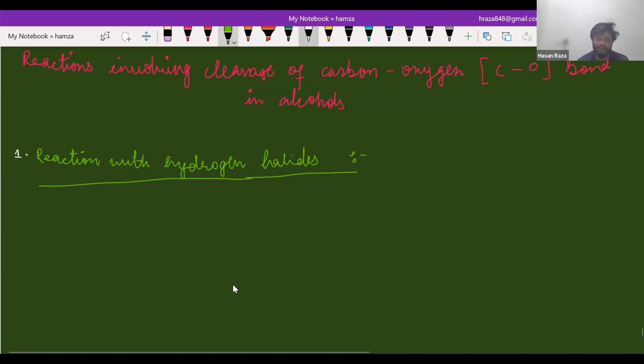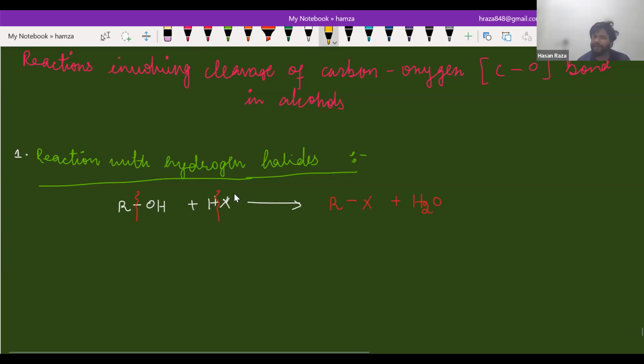If you have alcohol ROH and hydrogen halide HX, what happens here? It's very easy to understand. This bond will be broken, this bond will be broken, and R will go with X, and H will go with OH to make H2O. So this reaction is very important.